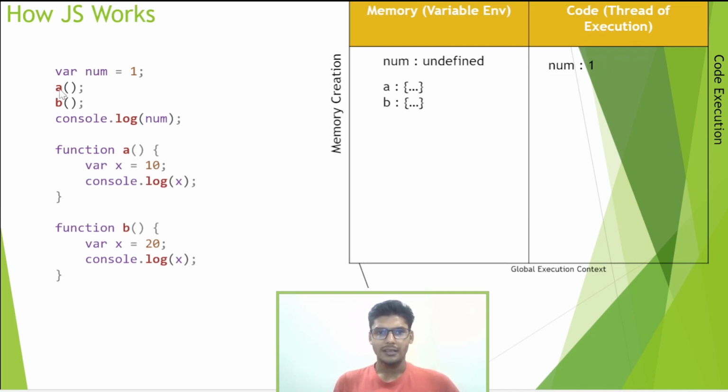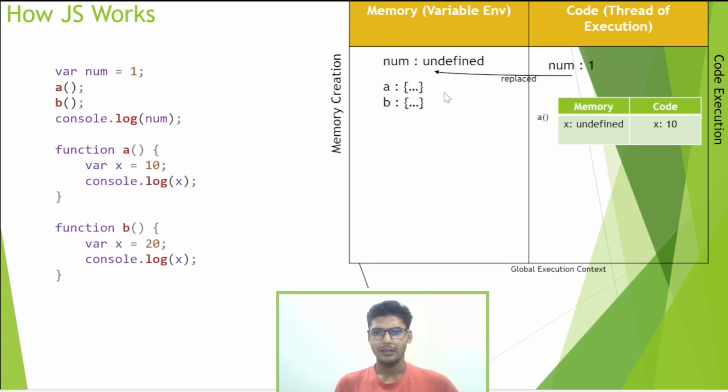In the next line a will be called, so this a will call this function. Now this function is in memory, so what will happen? Another execution context is created for this function a. This is the execution context for a inside the code block. The function is the heart of JavaScript, and in this case something special happens.